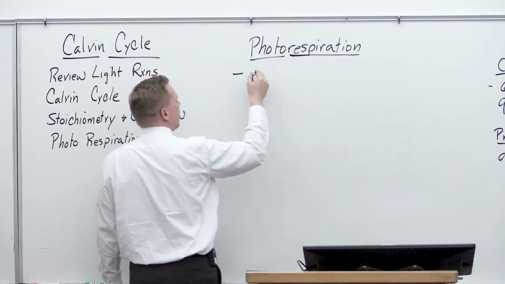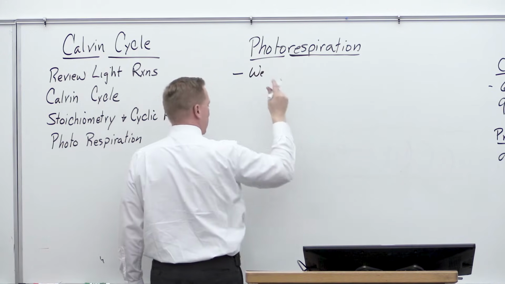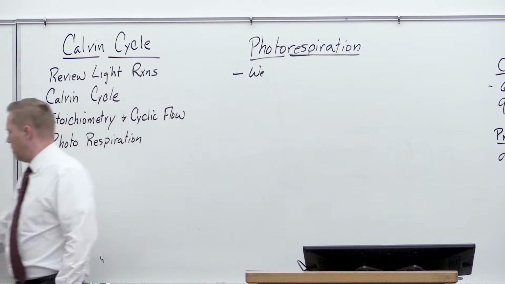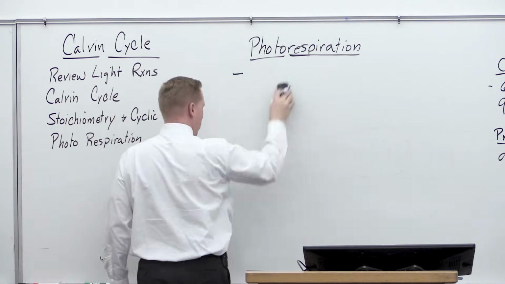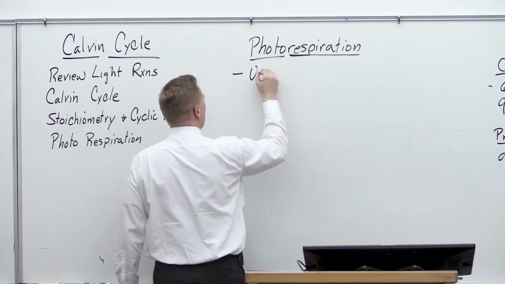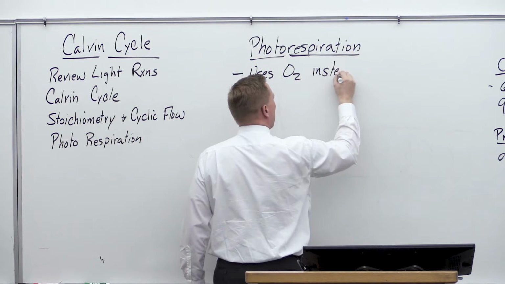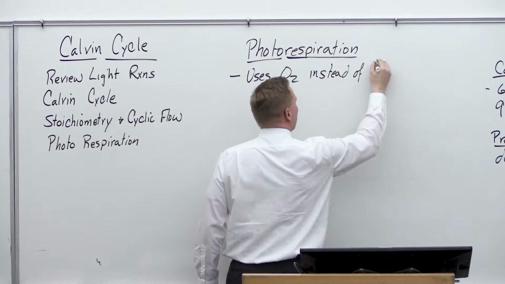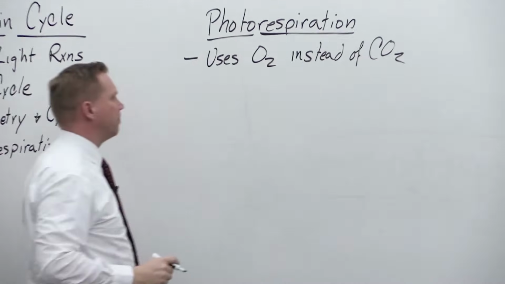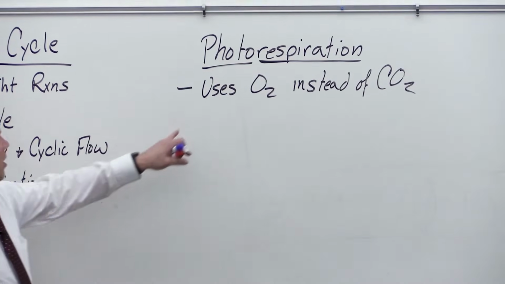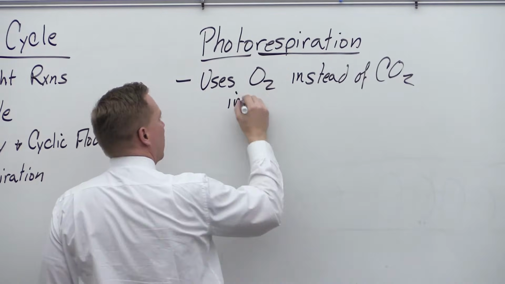So in photorespiration, the plant uses O2 instead of CO2. And that's in the Calvin cycle.